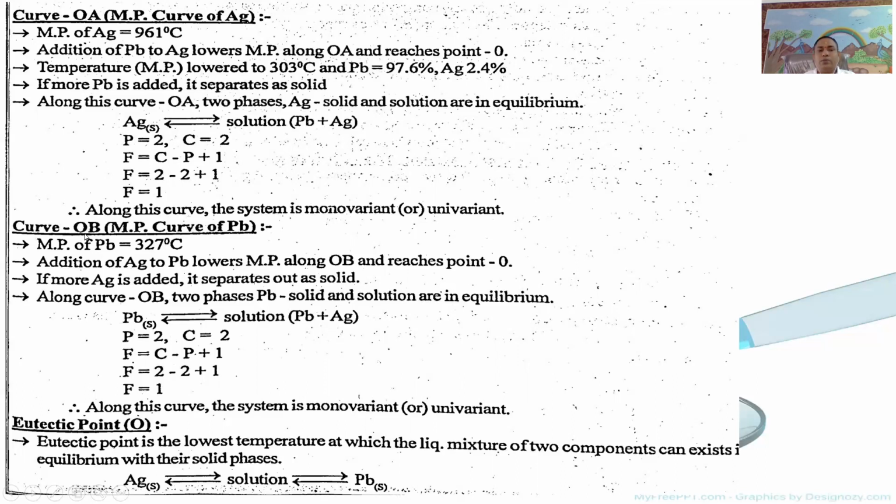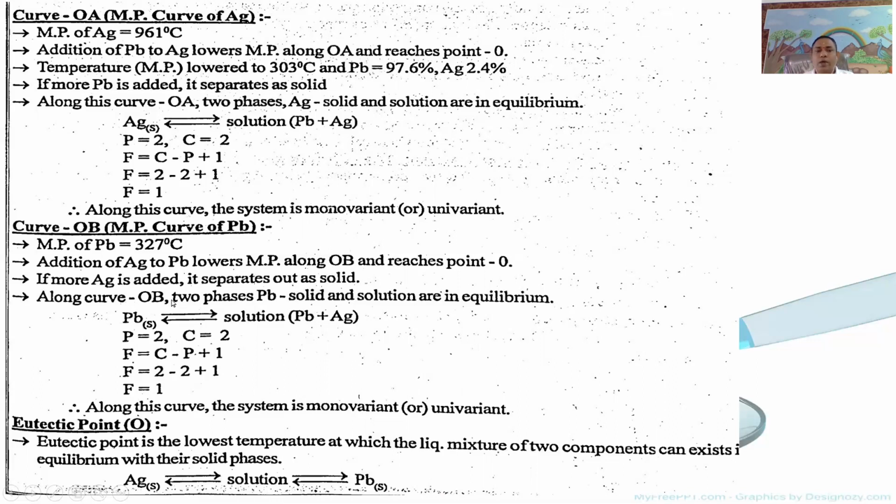Next, curve OB. Curve OB is the melting point curve of lead. Here point B shows the melting point of lead, that is 327 degrees centigrade. Addition of silver to the lead lowers the melting point along OB and reaches point O. If more silver is added, it separates out as solid.